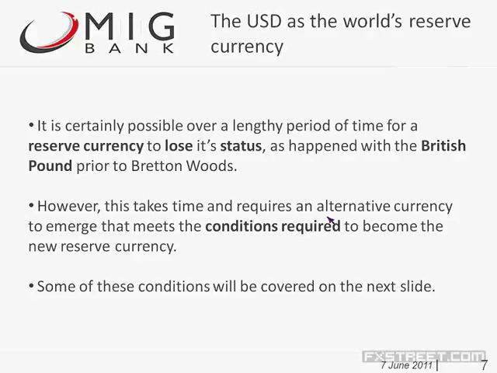And the most important thing to realize is that if the US dollar is to lose its reserve status, then there must be another currency to take its place. And so we need to consider what the conditions are for an alternative currency to take the place of the US dollar. And I'm going to look at some of those conditions on the next slide.